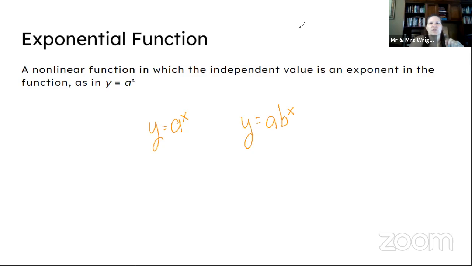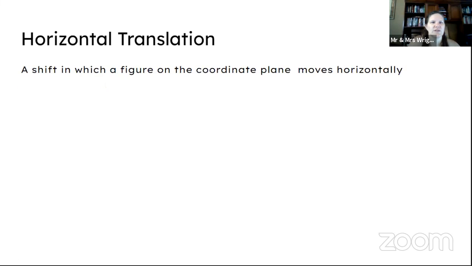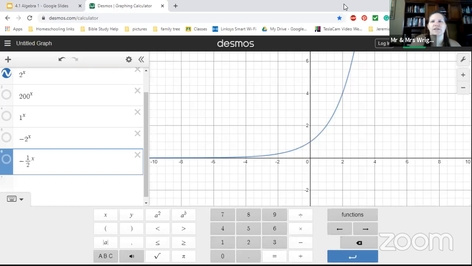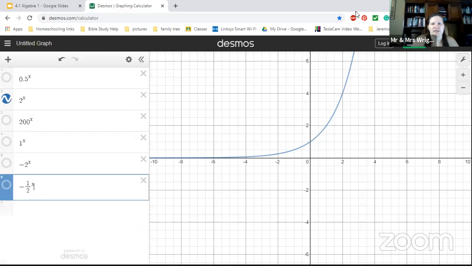I also want to go ahead and show you some exponential functions. So I'm going to get out of this and go here to Desmos, the graphing calculator online. So what I have graphed for us here in blue is a picture of an exponential function. Now, if you've ever heard of anything, say, that's increasing exponentially, this is what it would look like if you were to graph it.